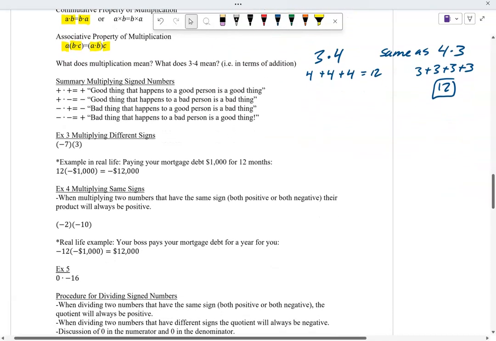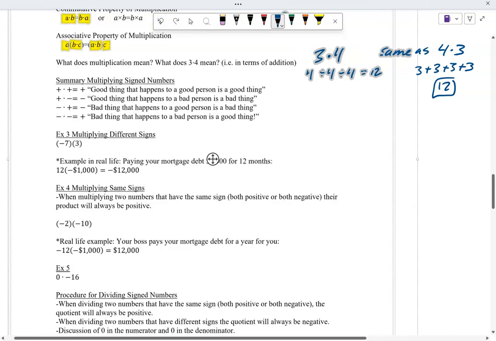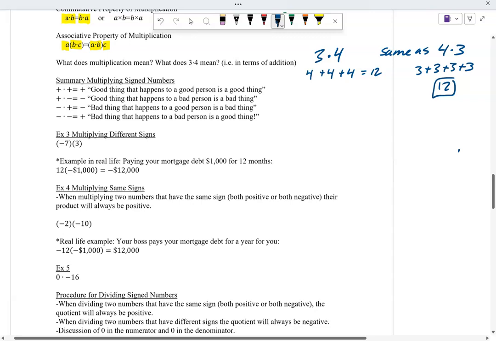But let's multiply some different signs. So -7 times 3. Negative times a positive is a negative. An example would be paying your mortgage debt for 12 months at $1,000, right?